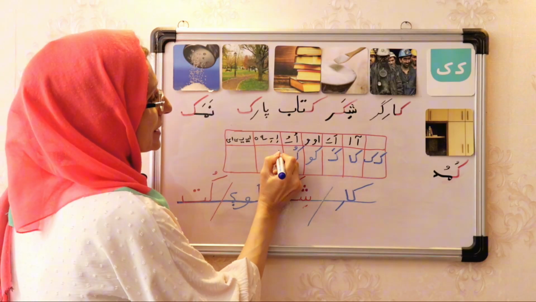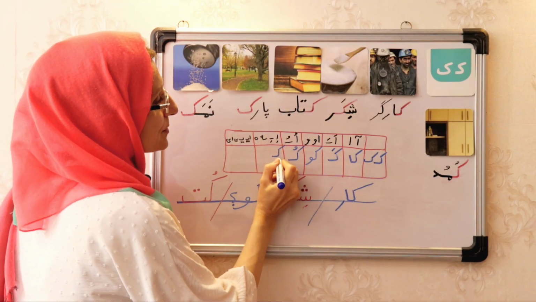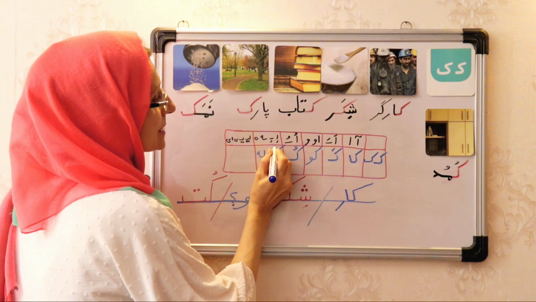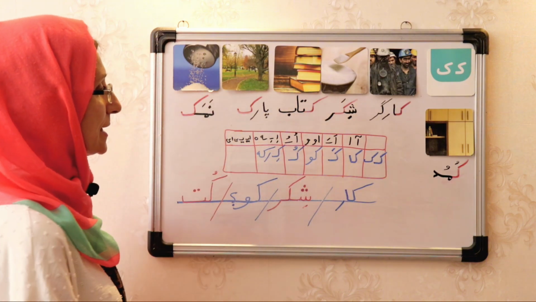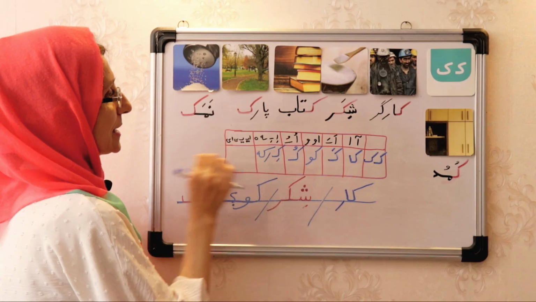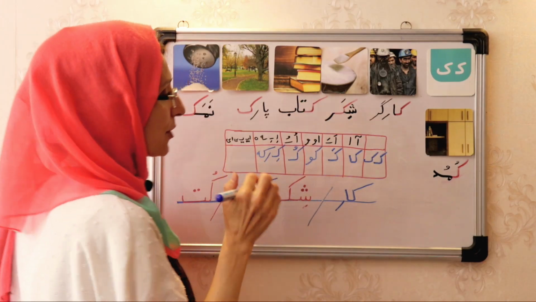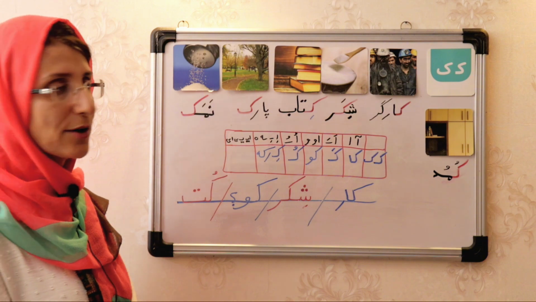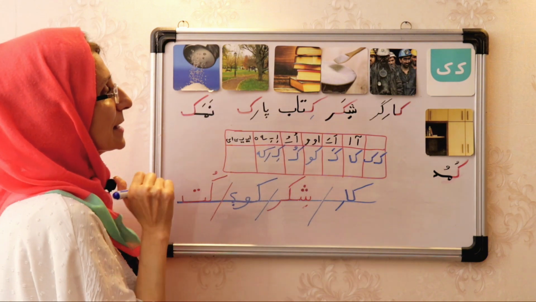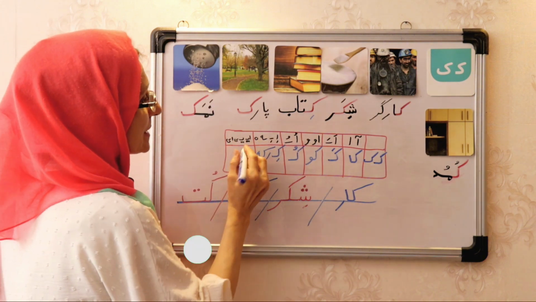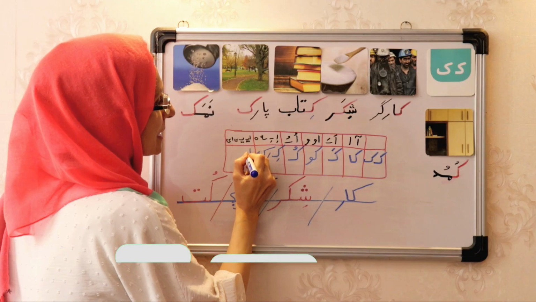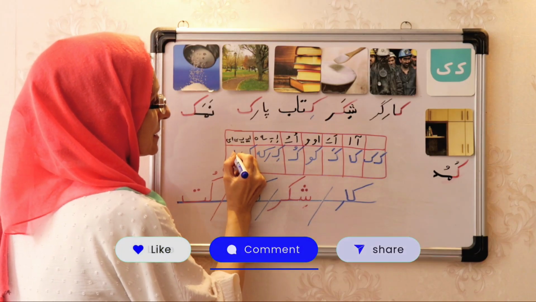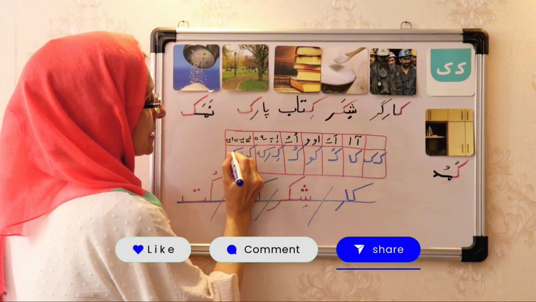K and I, we have two forms. We have kitab. Kitab is K and I. And key.